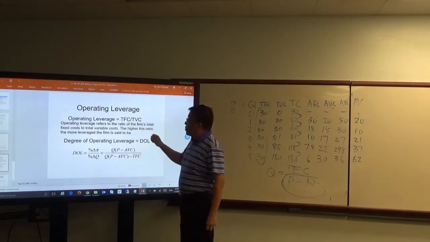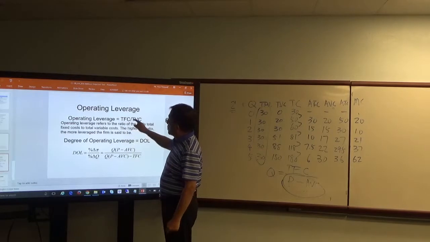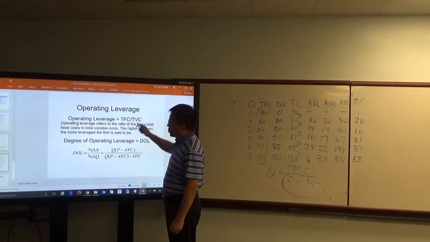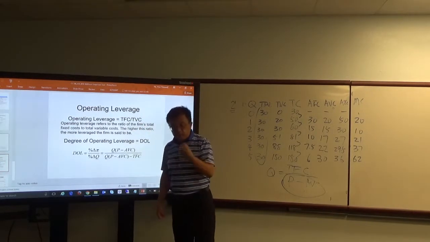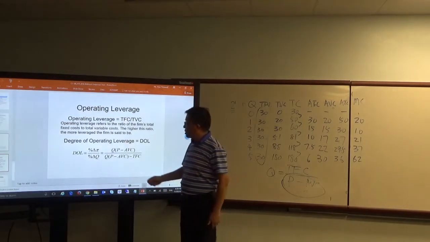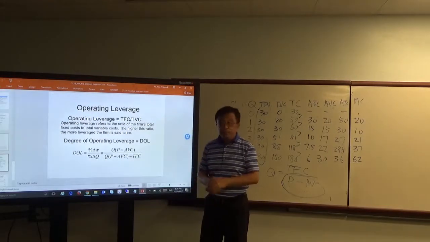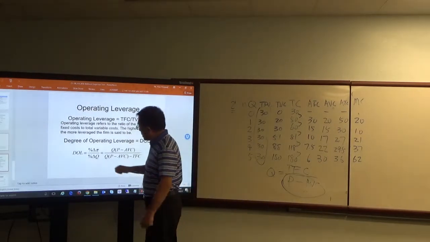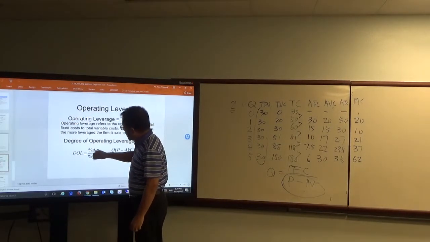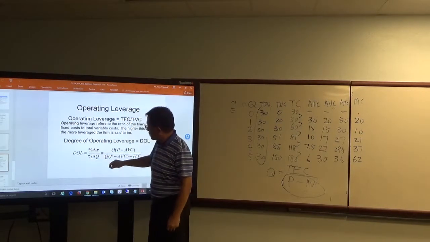So one way to measure the degree of operating leverage, that's the amount of fixed operating cost used in business, is called DOL, degree of operating leverage. And degree of leverage basically is a measurement of what? The sensitivity of the profit to what?